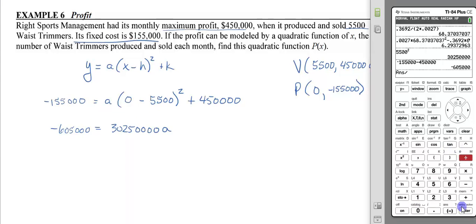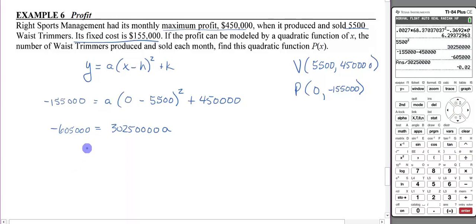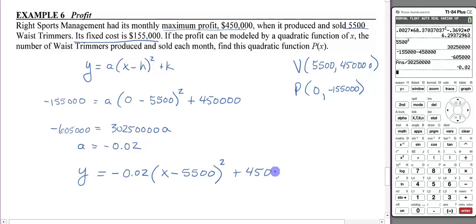I'm going to divide that by my coefficient of a, and I get a negative 0.02 for a. So that means the quadratic function is y equals the a that I found times the quantity of x minus the x part of the vertex, quantity squared, plus the y part of the vertex. That is your function.